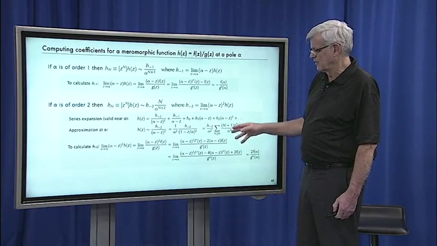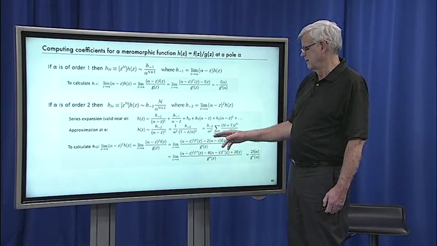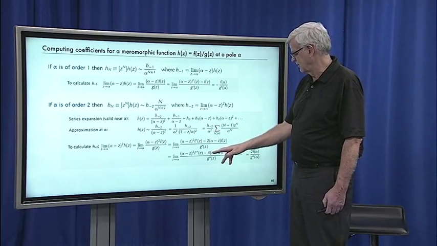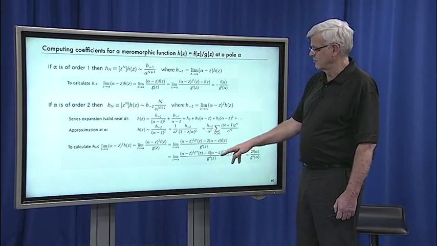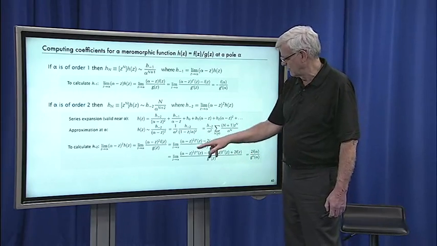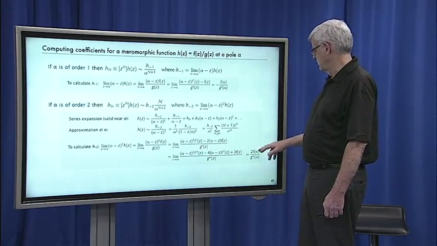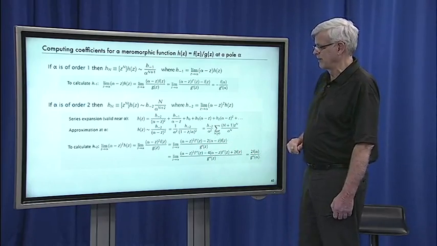And then the rest of the calculation is using L'Hopital's rule twice. Take the first derivative, take the second derivative, and if it's of order 2, the second derivative is non-zero, and then taking z equals alpha kills all the terms except 1, and we're left with 2 f of alpha over g double prime of alpha.